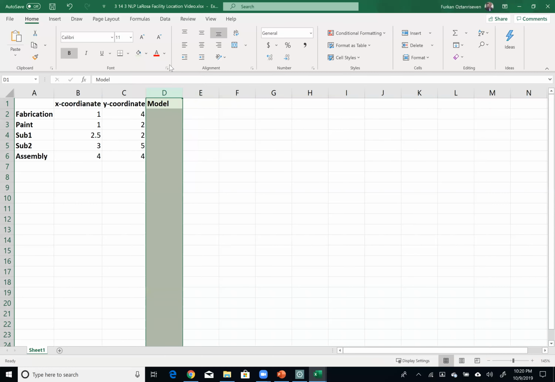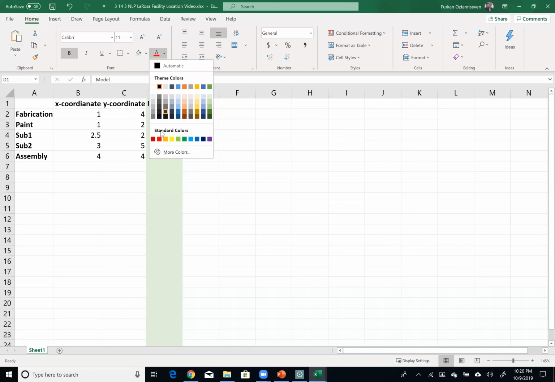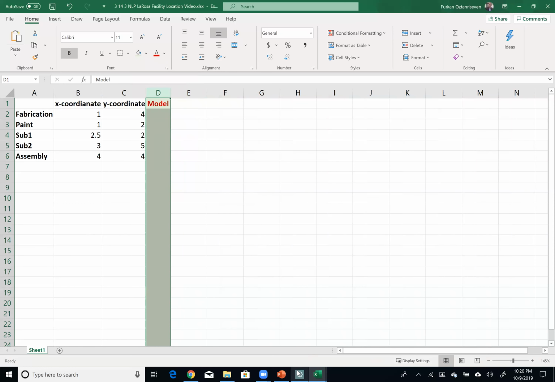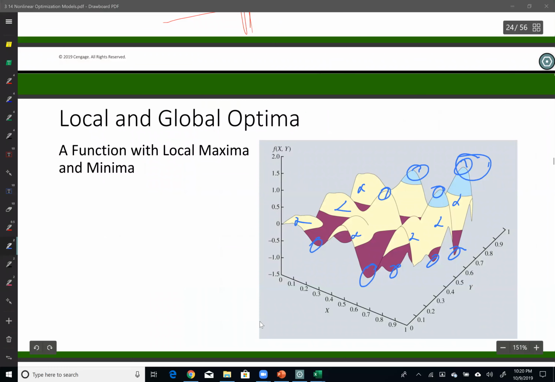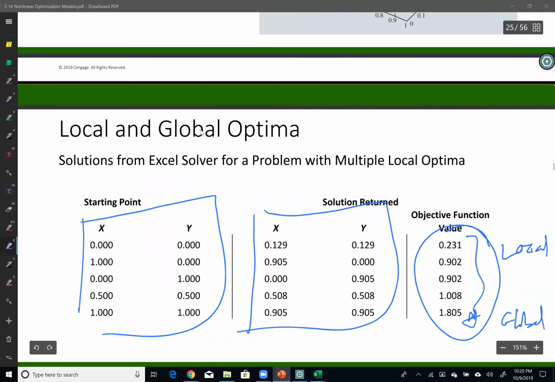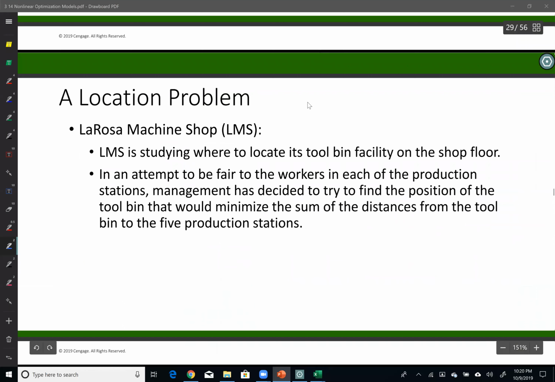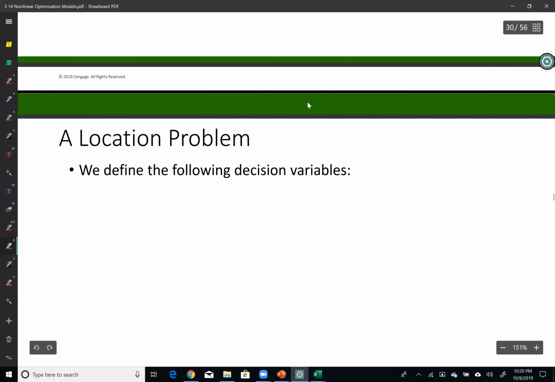Let me briefly talk about intuition before I dive into this. Here we have machine shop LaRosa trying to locate a tool bin, to minimize the distance and increase efficiency.